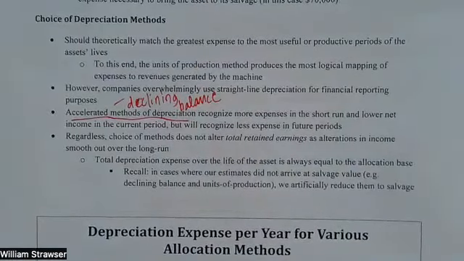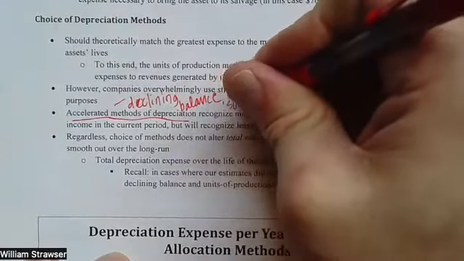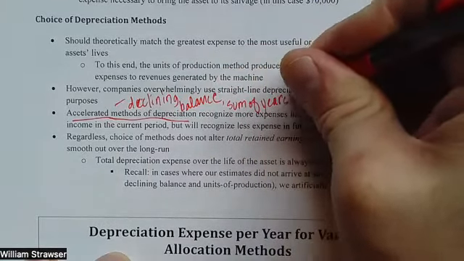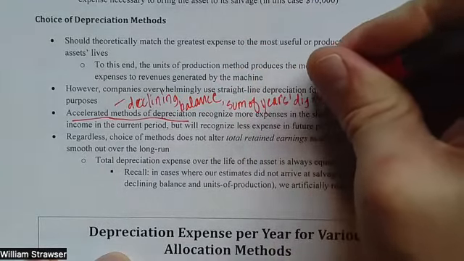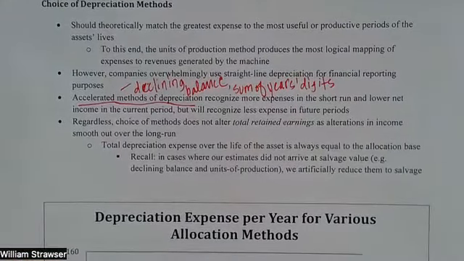You can have 1.5 declining balance. So the declining balance method and the sum of the years are the ones that tend to provide an accelerated amount of depreciation. Most of the depreciation expense is recognized in the first year.